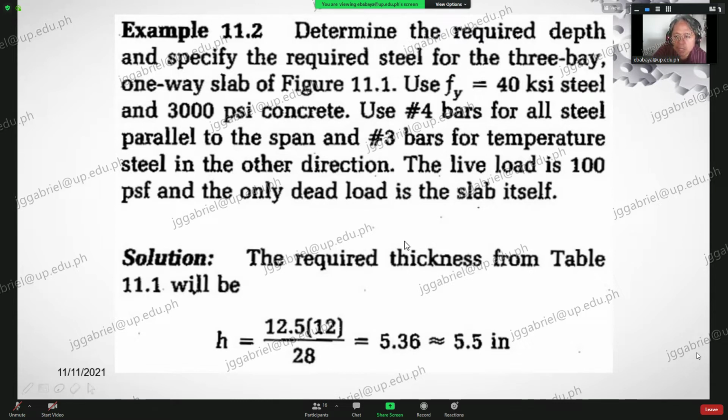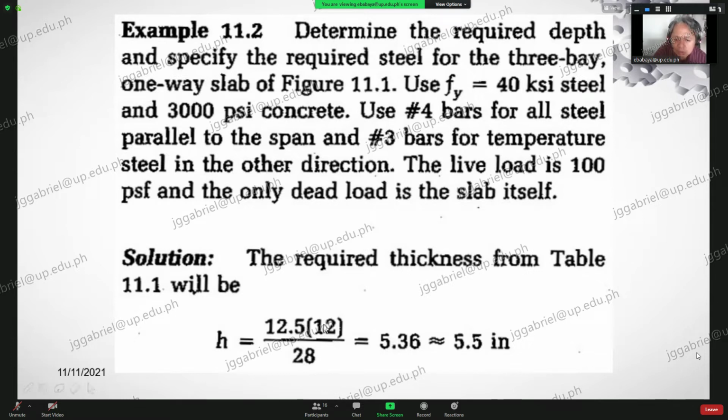Of course, we have to come up with yung factored load moment. Now that's what we need, no? We will compare that, okay, using the table. Yung table na pinakita natin kanina, no? It says the required thickness from table 11.11 will be this one because it is continuous.